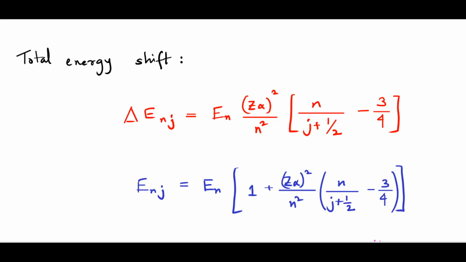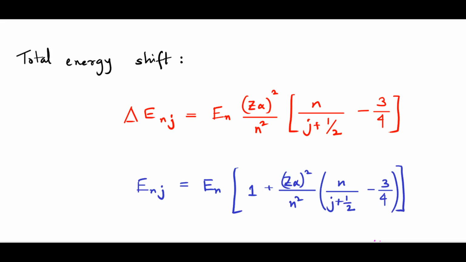But what is perhaps not so obvious is that it depends only on one other quantum number, which is small j, the total angular momentum quantum number, not on small l, despite the fact that the individual terms that we calculated did depend on small l. So this is a rather surprising final result, and once again you will have to fill in all the steps to be able to convince yourself that this is really correct.